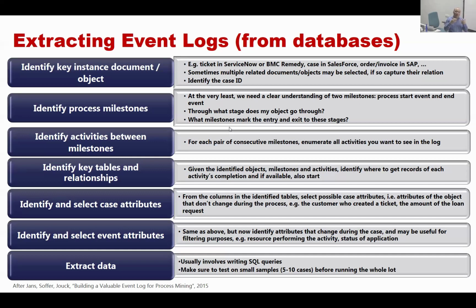Knowing those activities is going to help you a lot to determine: do I have the data? Are these activities being recorded, and where? Knowing the names of the activities that you want to extract helps you guide your conversations with the data engineers and the data stewards that have access to those databases.